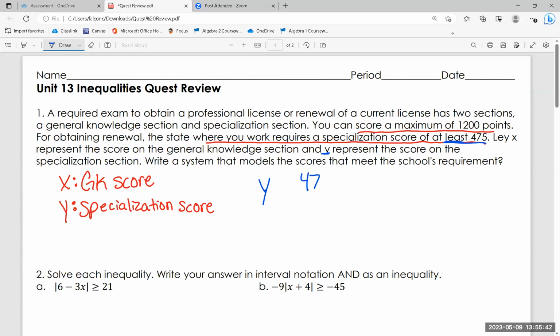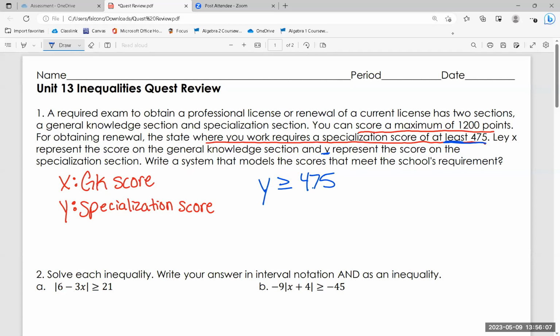We could be at 475 or greater, because if I'm at least 475, I could get 475, or I could get 500, or anything above that. So Y is greater than or equal to 475, because it's at least, so we could have 475 as our score.